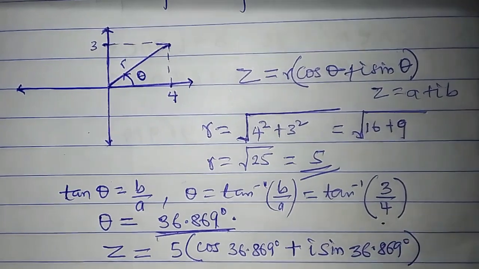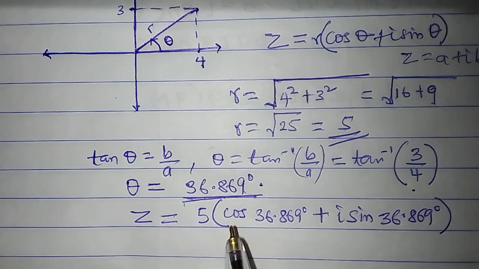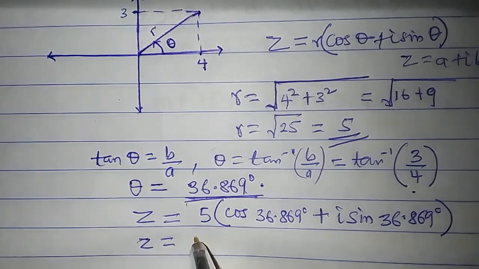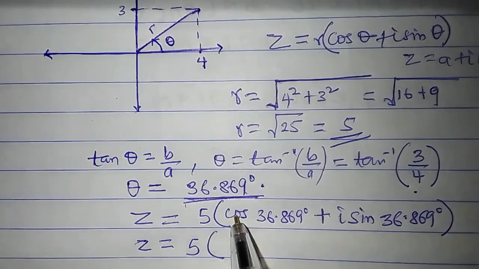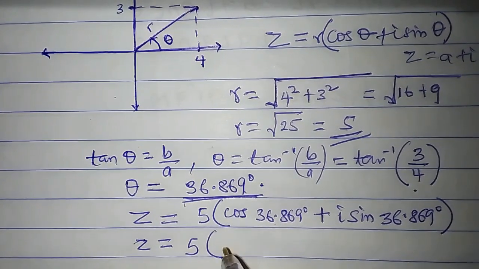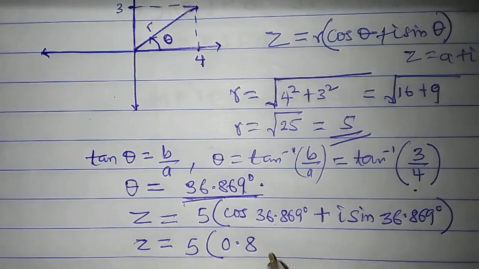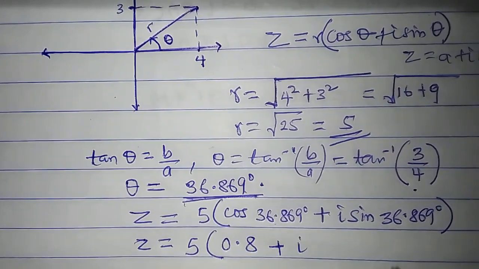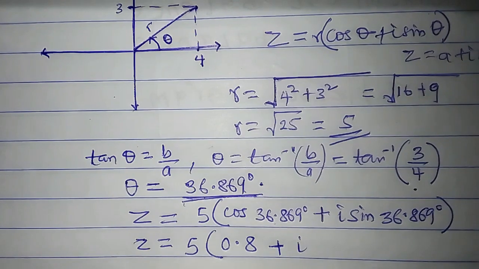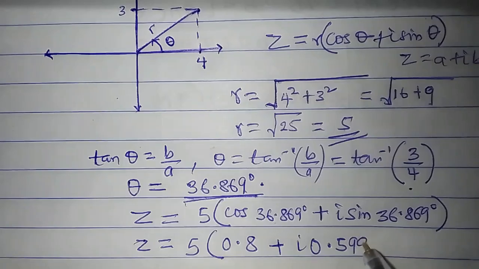Take note, I can as well take this back to the rectangular form. Cos 36.869 is 0.8. Okay? Plus i sine 36.869 is 0.599.